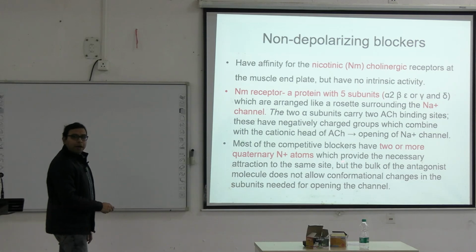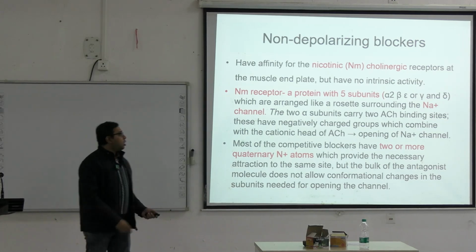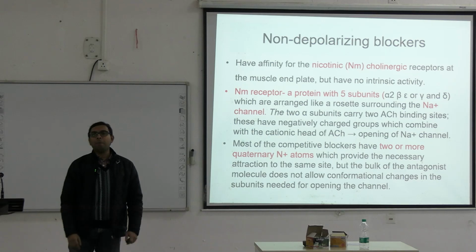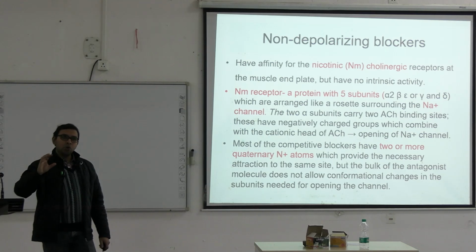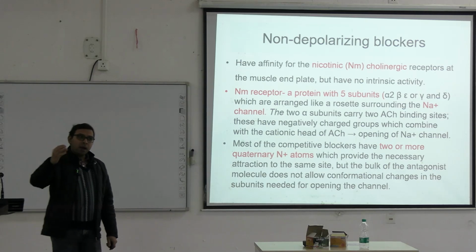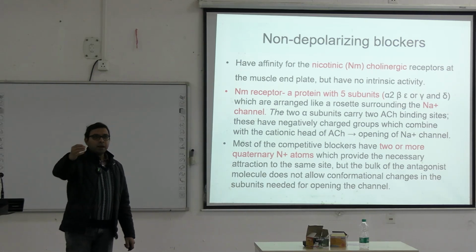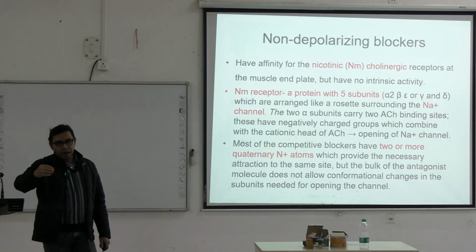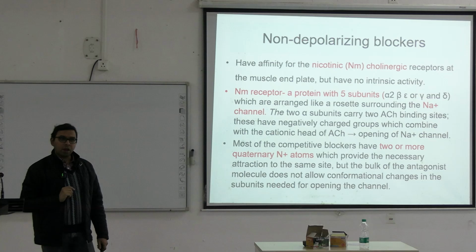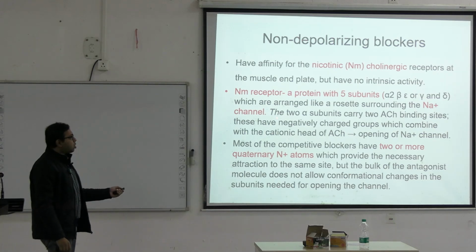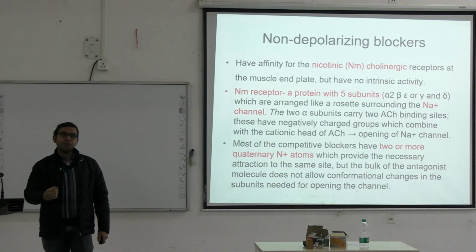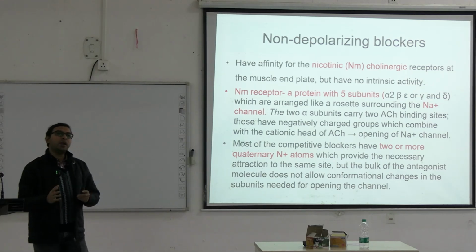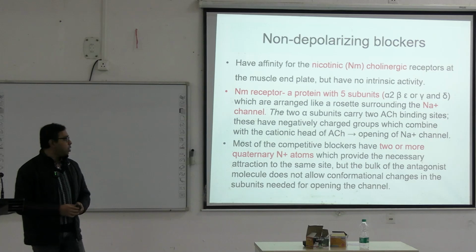Now most of these competitive or non-depolarizing blockers have 2 or more quaternary ammonium compounds that look like acetylcholine. So when these drugs are given, they come into the neuromuscular cleft and attach with the NM receptor, with the same positively charged group, to the negatively charged group present on the NM receptor. By competing with the acetylcholine, they prevent acetylcholine from binding to the NM receptor.